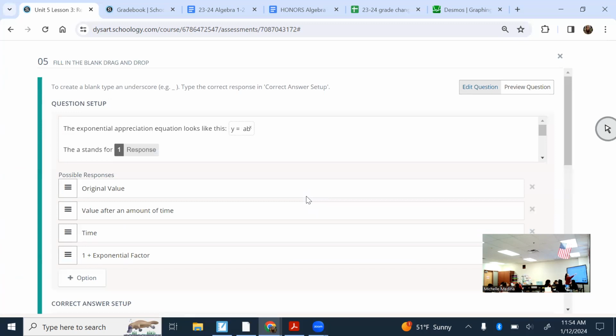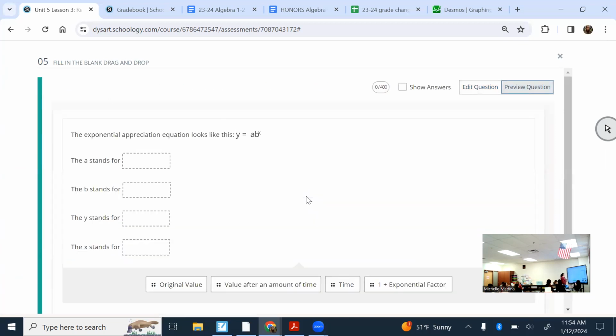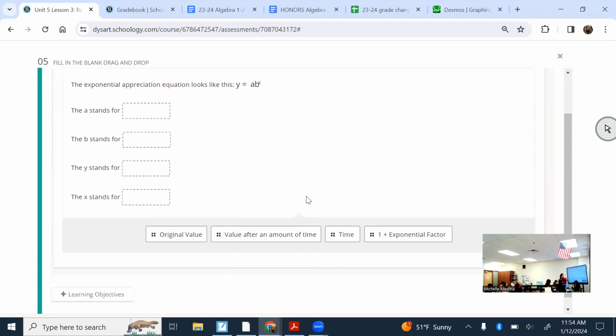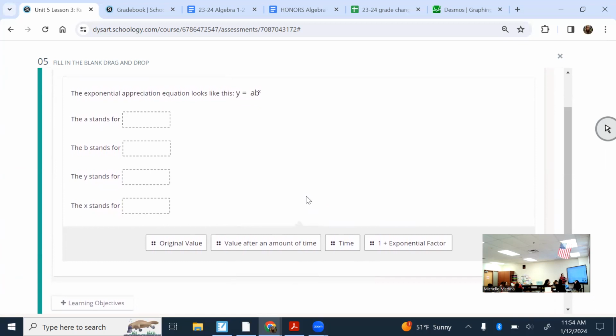Okay, this was the one that we were asking about. So the exponential appreciation basically just means it's growing. It looks like this: y equals a times b to the x. A stands for what, class? Initial amount.